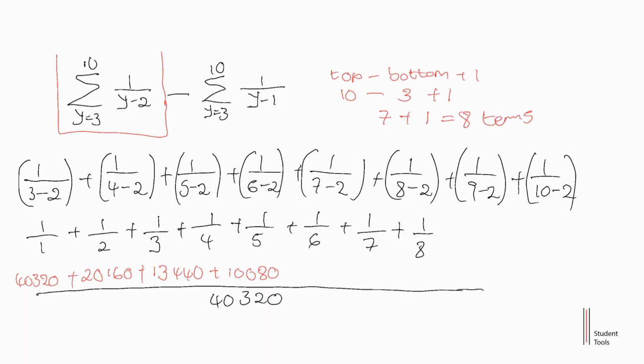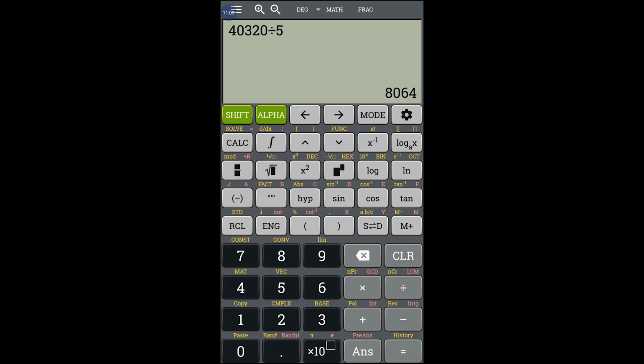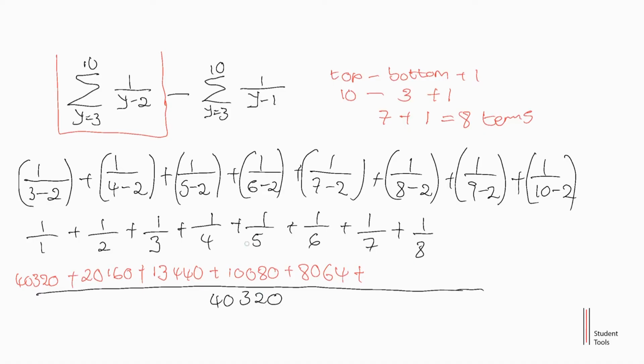It is 8064. 8064 multiplied by 1 is still 8064, plus 40,320 divided by 6. Okay, we divide by 6 now. It is 6720. 6720 multiplied by 1 is still 6720.